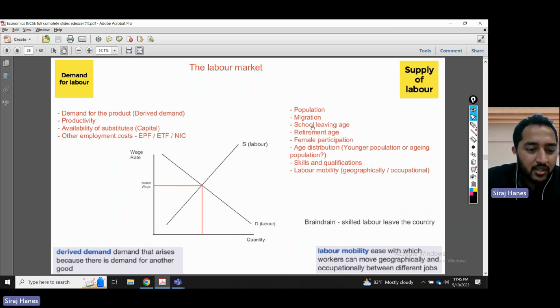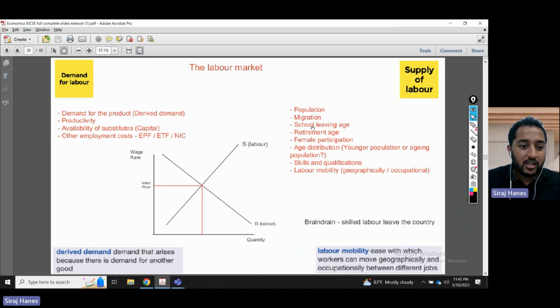Next thing, productivity. If I'm a really good teacher, getting good A's and whatnot, everyone will want to hire me. I have a lot of world prizes behind my name. I have a lot of students who got world prizes, highest in the world. My productivity is really good. The demand for me will be really high.